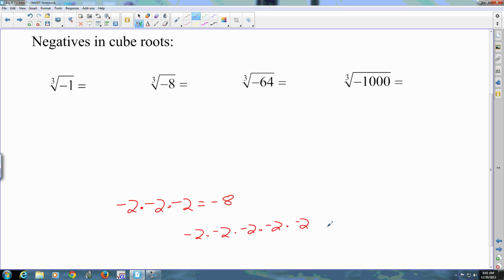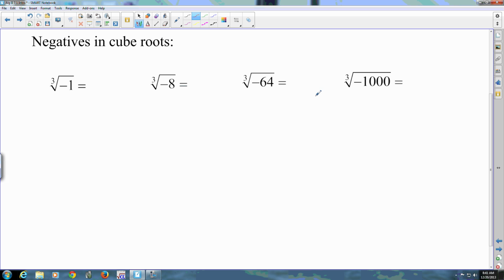So there's 5 negative signs. The answer is negative. An odd number of negative signs yields a negative answer. An even number of negative signs equals a positive answer. Okay?